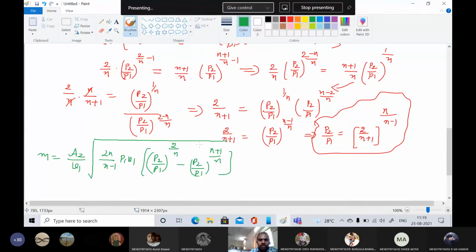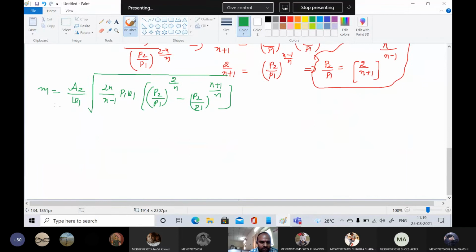Okay. Now substitute that one for maximum discharge. Therefore, M max, the maximum discharge, is equal to... This is the condition for maximum discharge. Now substitute that condition in discharge, we will get the maximum value.